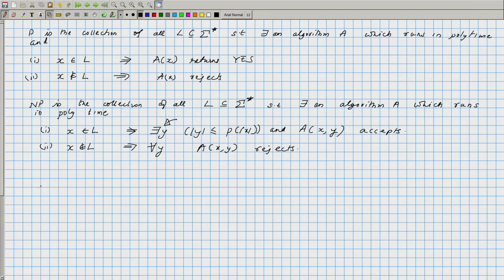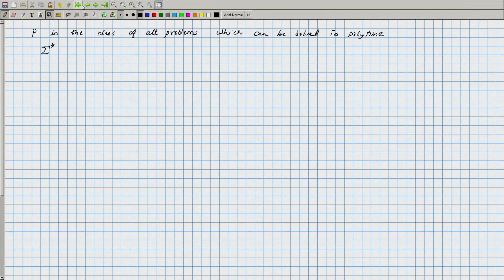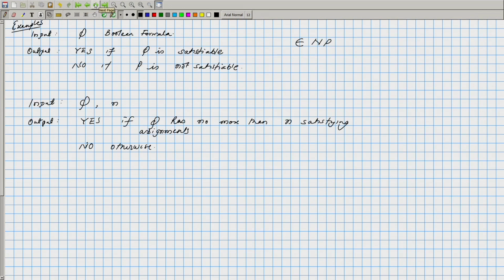So, when we look at our formula phi and we want to look at this problem, is phi satisfiable, we can think of the algorithm A as an algorithm which takes two inputs. The first input is a formula and the second part is the assignment. It evaluates the formula at that particular assignment.